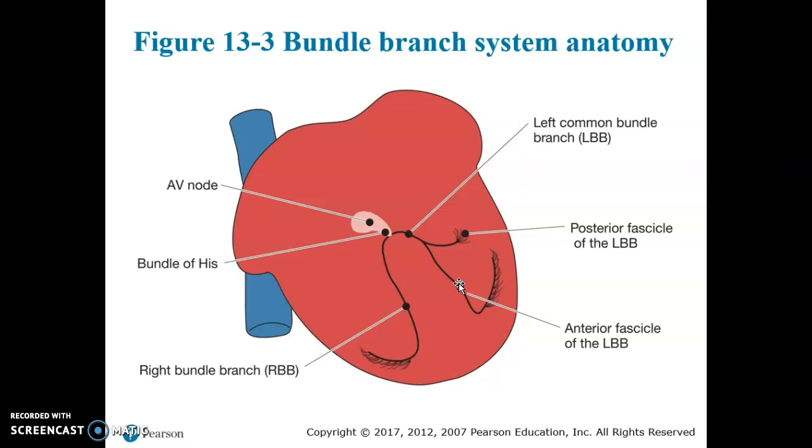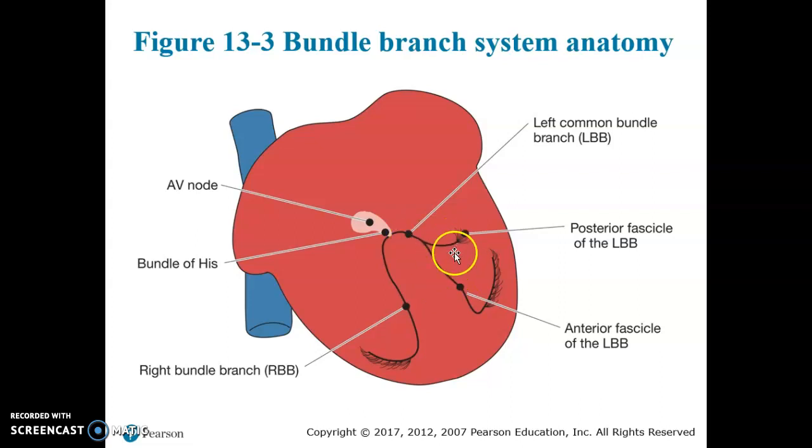Lead V1 is best to use when we're determining if we have a bundle branch block. It sits to the right, and the impulses are traveling away from the positive electrode, which shows a negative deflection. So V1 is primarily negative, okay? Bundle branch blocks can happen when either the right or the left side becomes blocked.